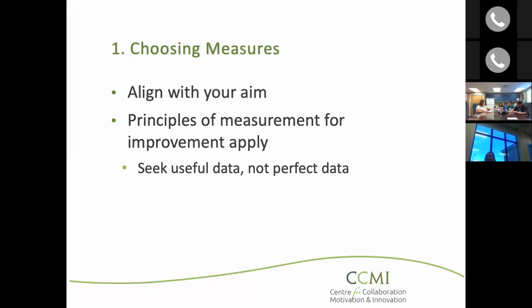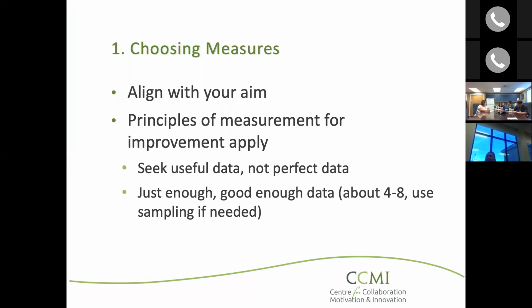So useful data, not perfect data, just enough, good enough data. And for most quality improvement efforts, just a small number of measures, 4 to 8 per topic area, will be enough to know if the system is improving. You do want to be careful that you're not collecting too many measures, which can create measurement burden, or choosing measures where it's impossible or really difficult to get that data.